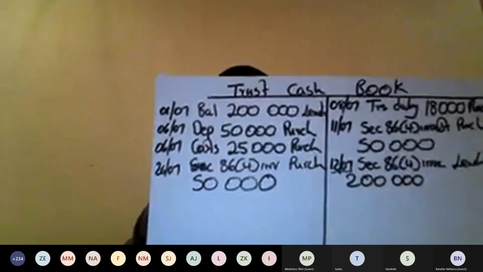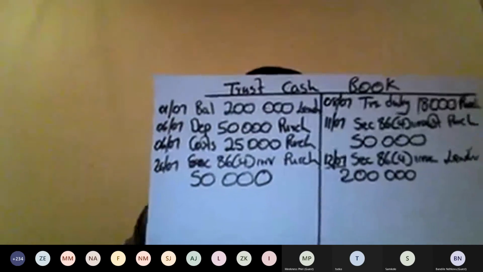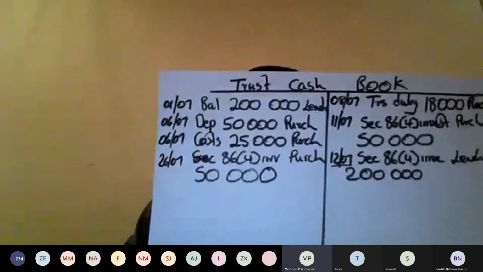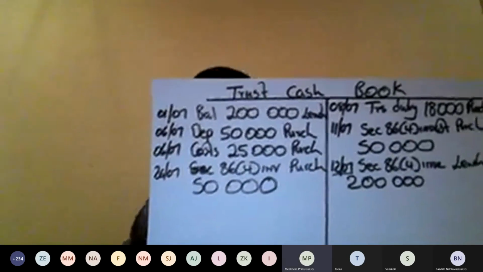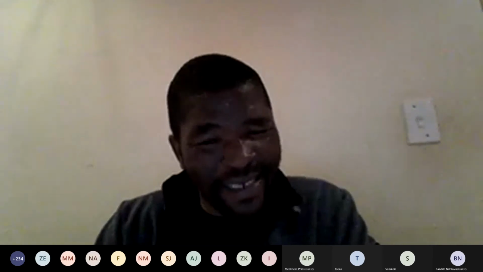As soon as you debit your trust cash book, that means you are done with step number 1.1. At step number 1.1, you simply withdraw the invested amount by crediting your investment account with the amount you invested. And then you receive the money back into your trust cash book by debiting your trust cash book.